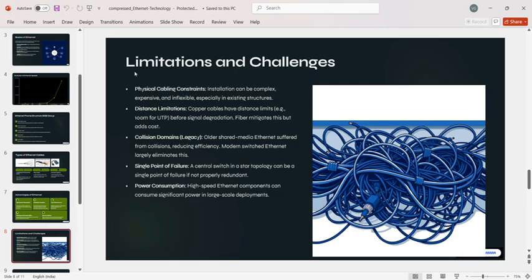Limitations and challenges. Physical cabling constraints. In this picture, it's clear that the cabling looks messy because of long distances or many devices being connected, which means a lot of cables are required. Then it's very complex to design and organize, right?